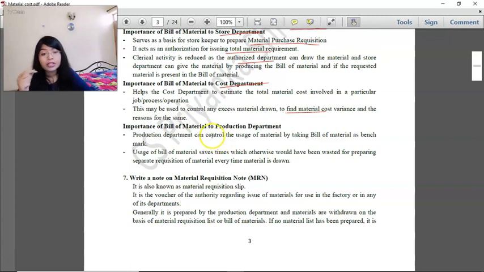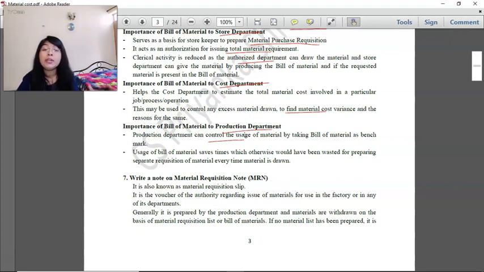Okay. Now how is it important to the production department? Now what can the production department finally do? It can control the usage of material by taking the bill of material as a benchmark. So if that bill of material says that you need just 100 kg of cotton, and if the production department requires 110 kg of cotton, then now the work is on the production department, that how I need to reduce this 10 kg consumption, where the wastage is going on.